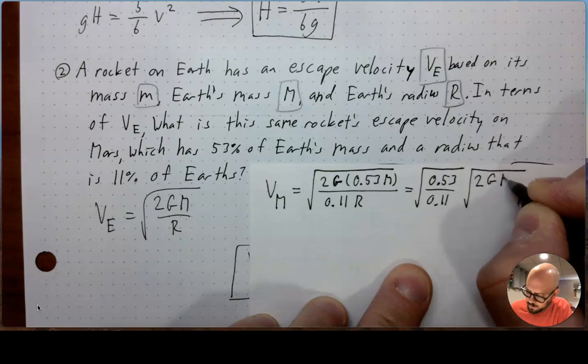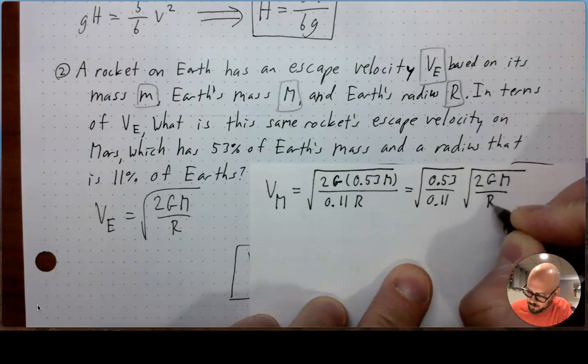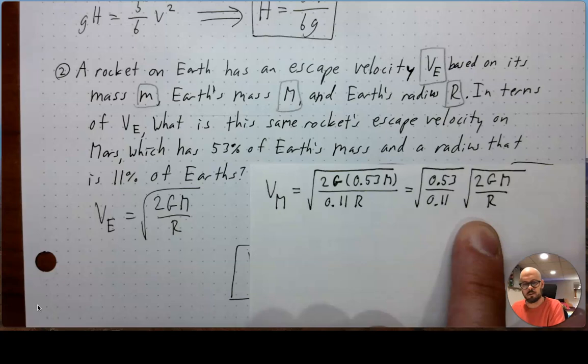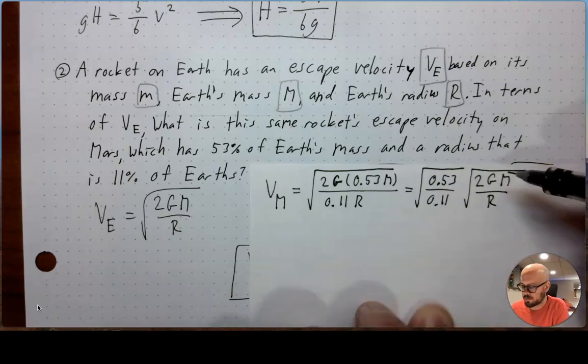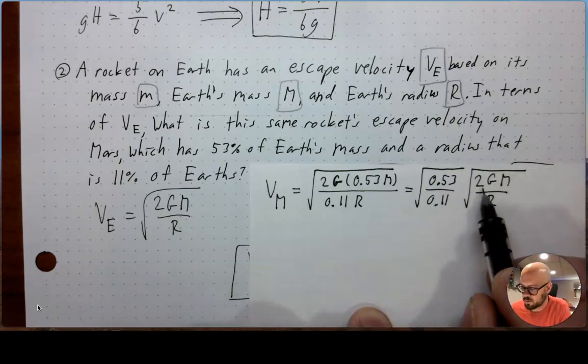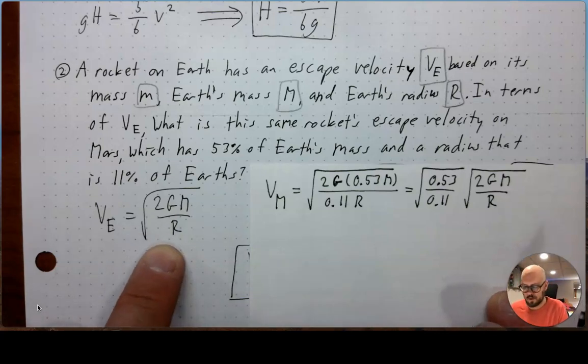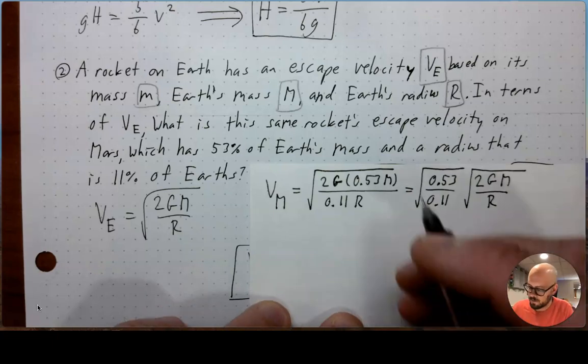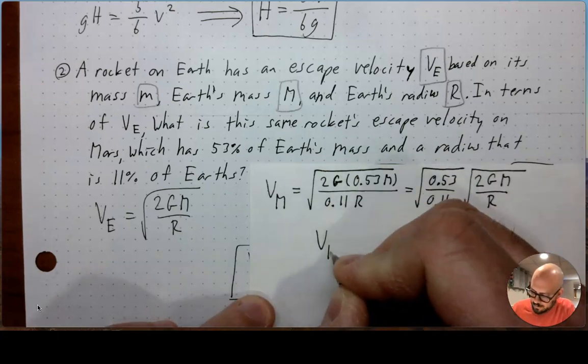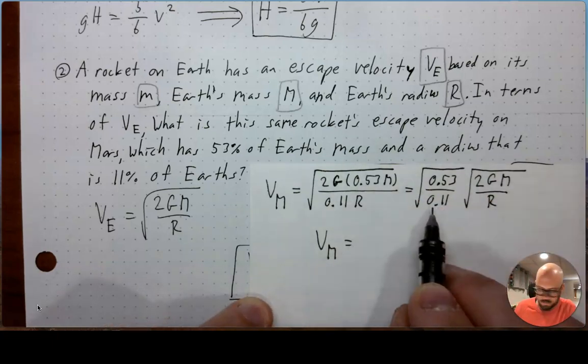And so everything that's no longer important is going to go in this second radical, and the coincidence, which is not a coincidence, is that I have 2gm over r, which is the exact same thing as the equation for escape velocity. So what I mean is I'm going to calculate this first radical.